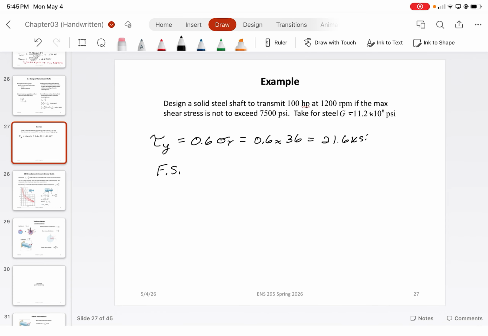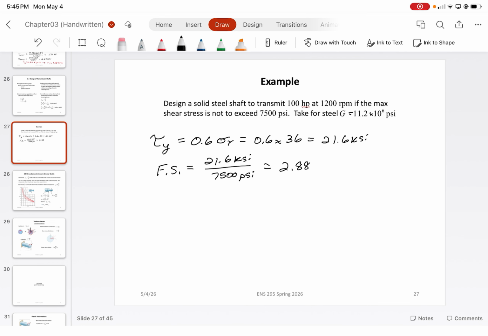That tells us we're dealing with a factor of safety of around 21.6 times 1,000 divided by 7,500, which gives about 2.88. That's just for your own knowledge. If we wanted a lower factor of safety, we would choose a higher shear stress. But in this case, we're just going to deal with the 7,500 PSI.